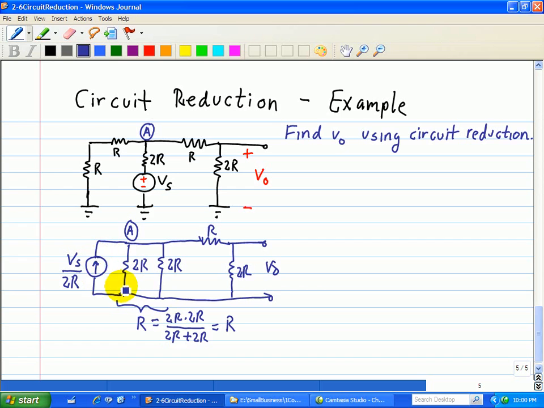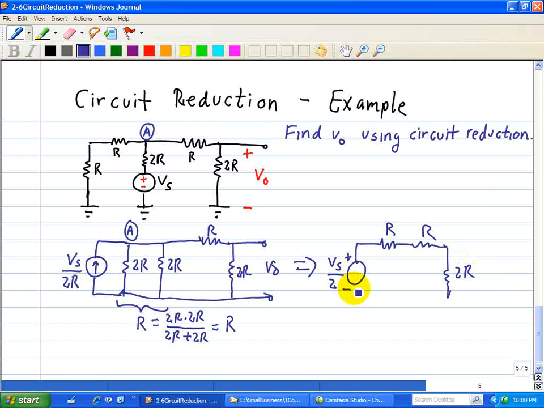Now we can convert the circuit into the following. This now has a voltage source of Vs over 2 in series with R, which is in series with this R, and this is again 2R. So we have a plus minus VO right here. And now we can use voltage divider, which is just simply VO.